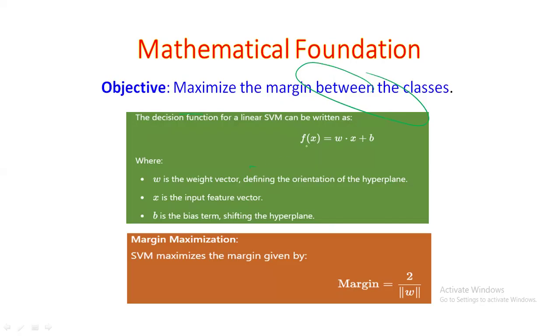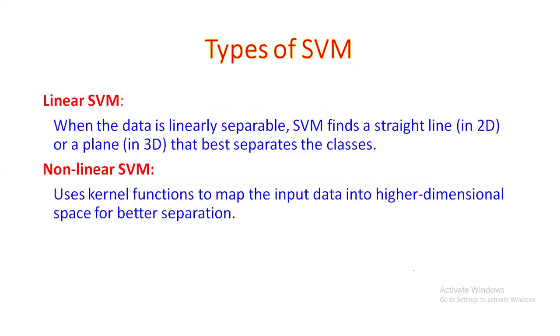The SVM decision function is expressed as f(x) = w·x + b, where w determines the orientation of the hyperplane, x is the input feature vector, and b is the bias term. The maximum margin is calculated as 2 divided by the norm of w. We are going to find out how we get this.